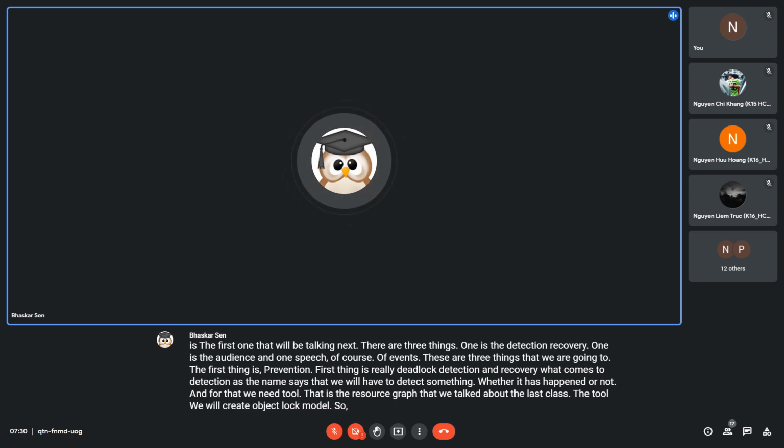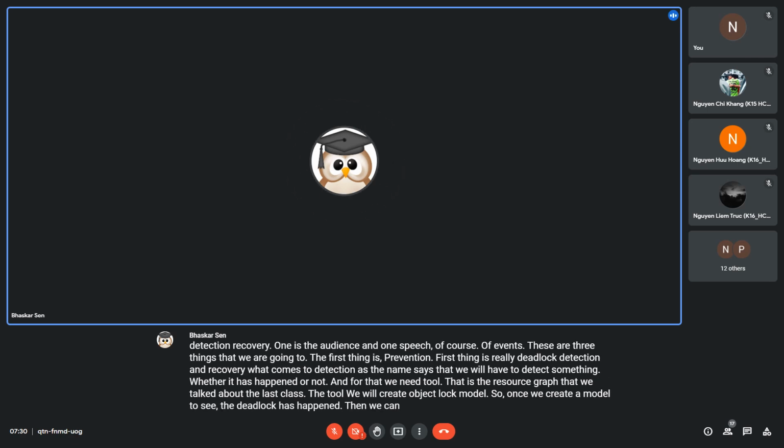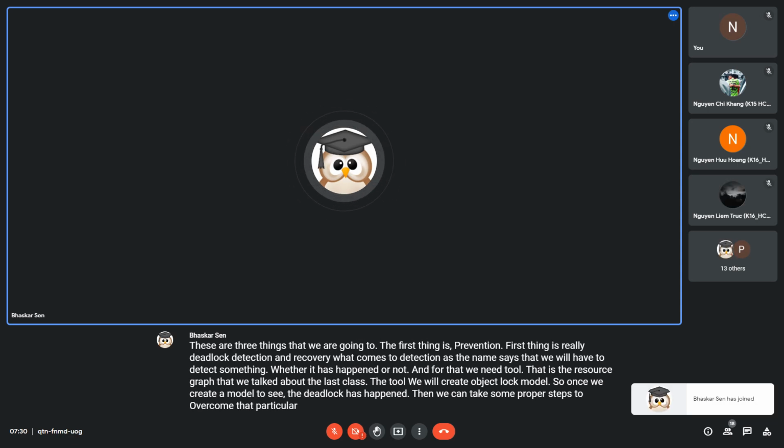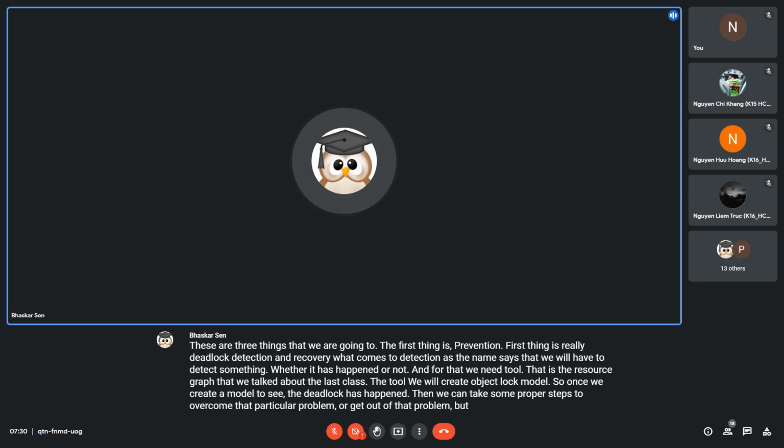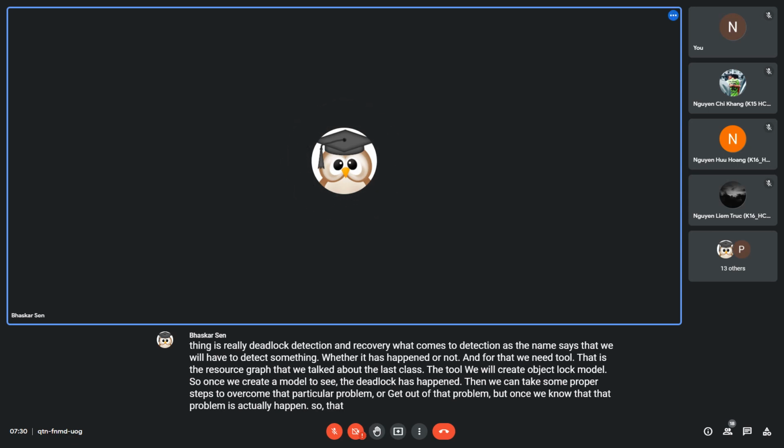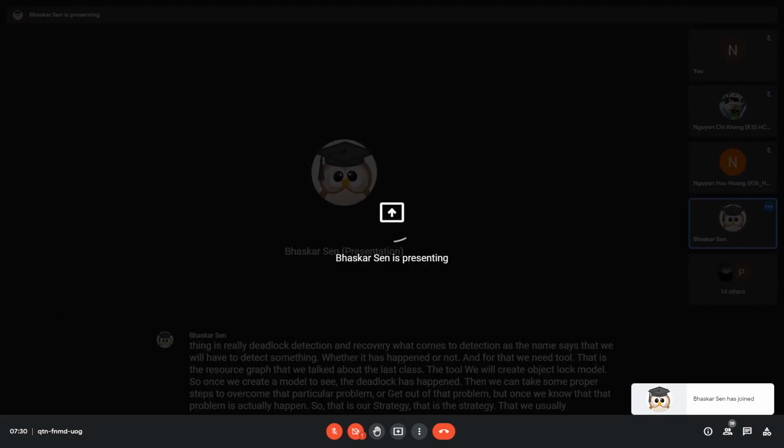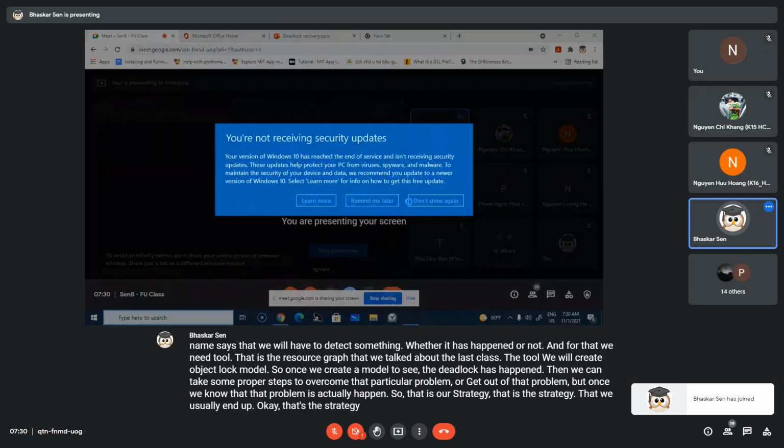Once we create a model to see the deadlock has happened, then we can take some proper steps to overcome that particular problem, once we know that the problem has actually happened. That is the strategy that we usually adopt.